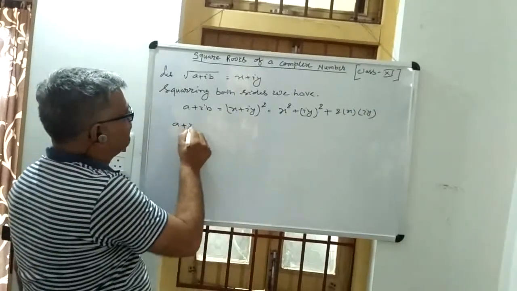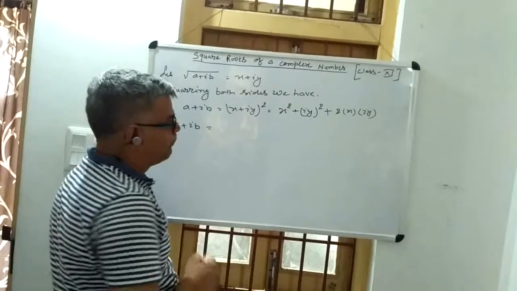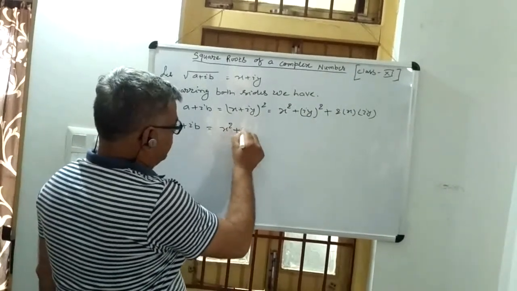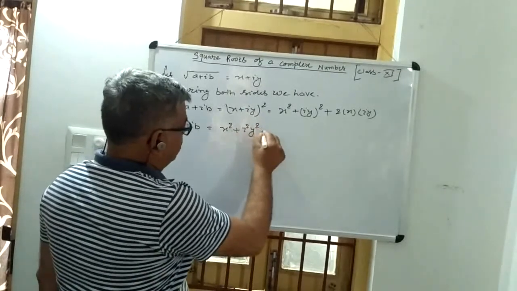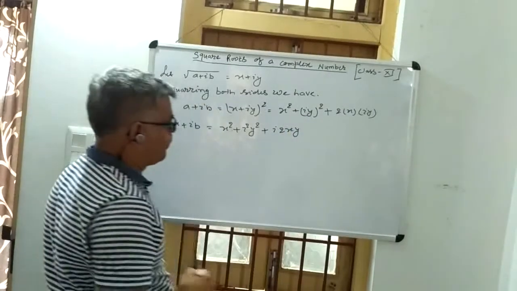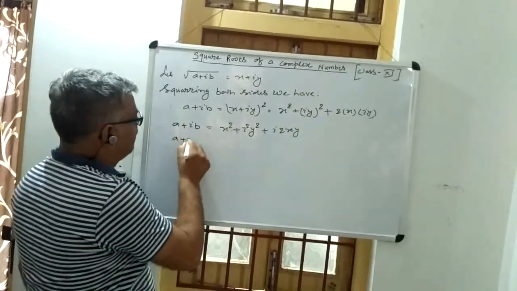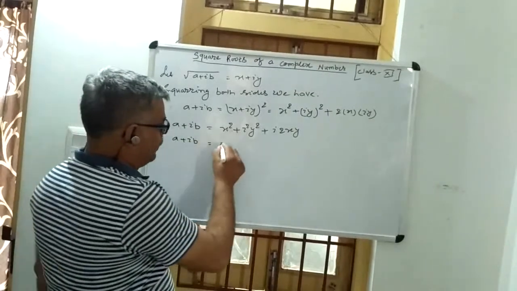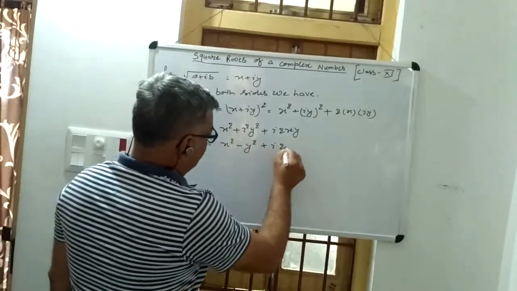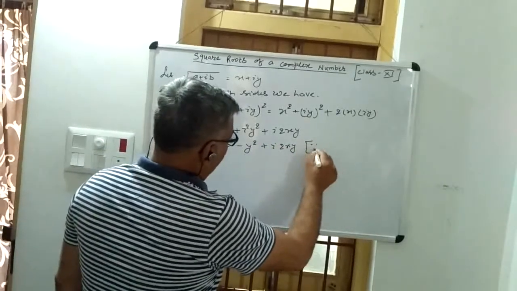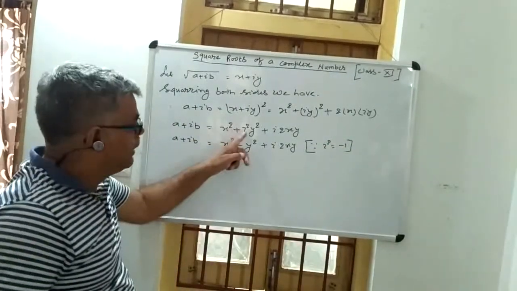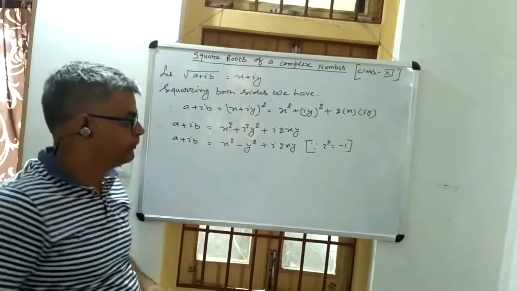So a + ib will be equal to x square plus i square y square plus i 2xy. So we have a + ib equals x square minus y square plus i 2xy, because we know that i square equals minus 1. So we put here the value of i square.